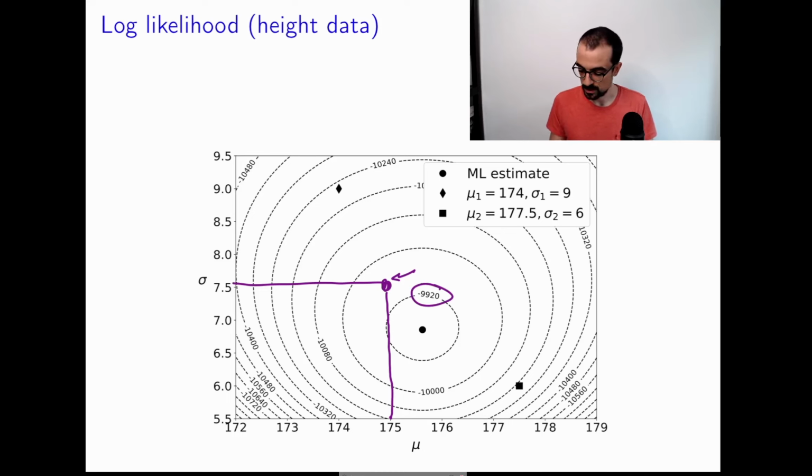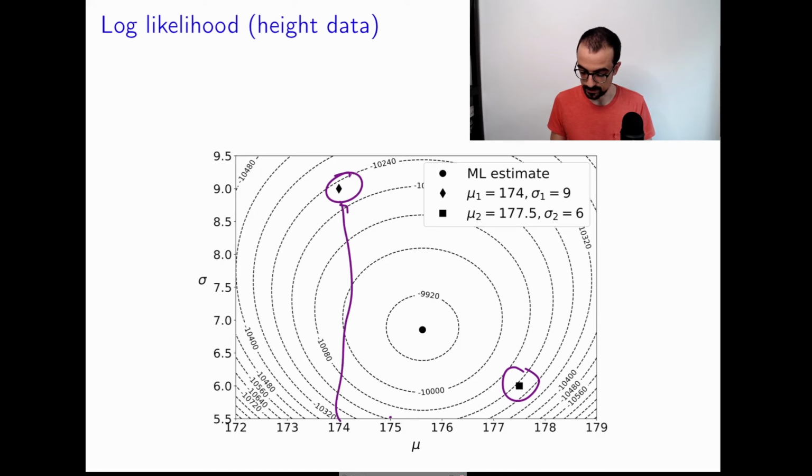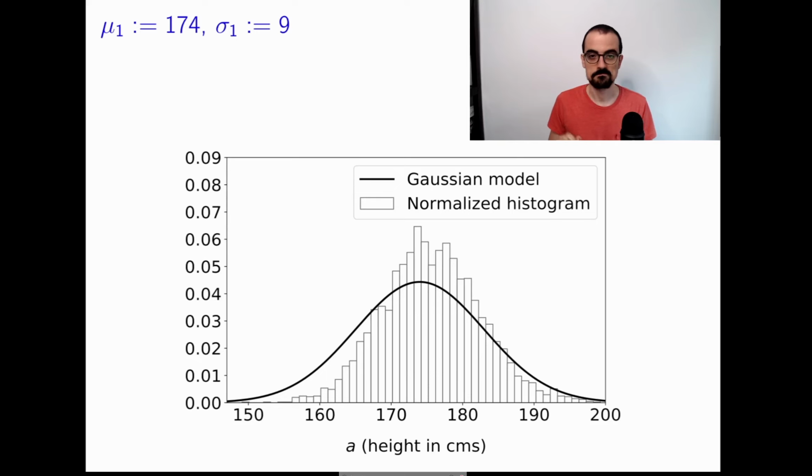Okay. So now, as in the case of the exponential, we're going to show the kind of fits that correspond to different values of mu and sigma, in particular this point and this point. Okay, so here mu is equal to 174 and sigma is equal to 9. Yeah, I nailed it.